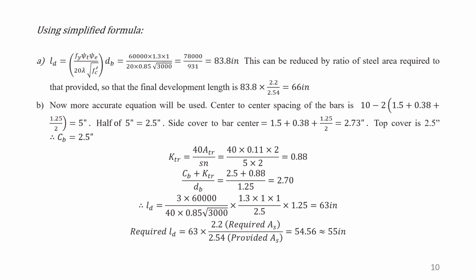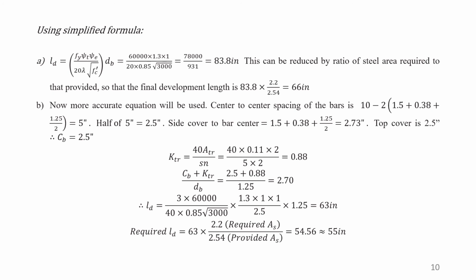Therefore, CB is equal to 2.5, because out of these three requirements, 2.5, 2.73 and 2.5, the smallest one is 2.5, and we have to take the value of CB as 2.5.